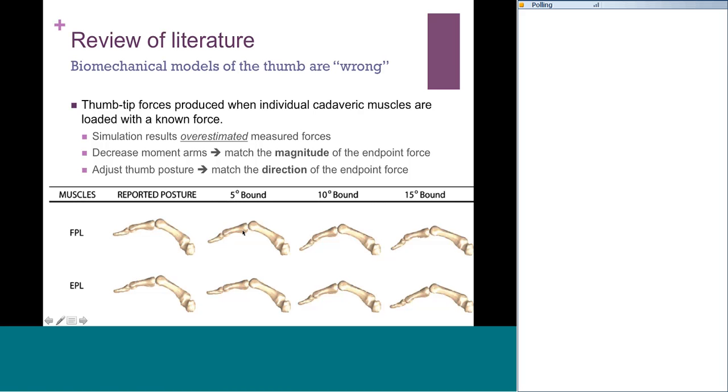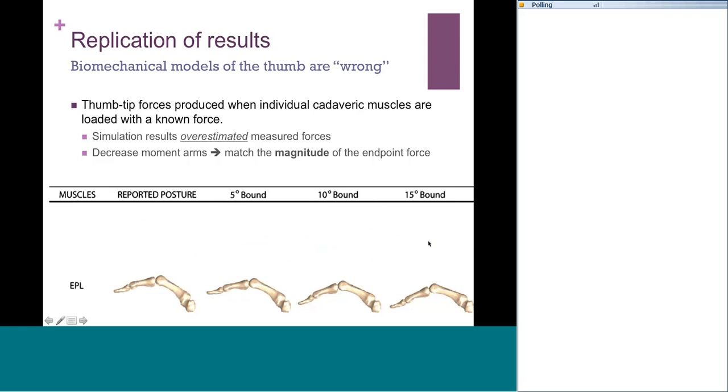What Craig and I did was allow there to be some variability in how strictly we enforce the limits of the joint posture of the thumb. And as we expanded the bounds of the angle of individual joints to differ from the reported posture, we found a very impressive decrease in the error in the orientation of the endpoint force.